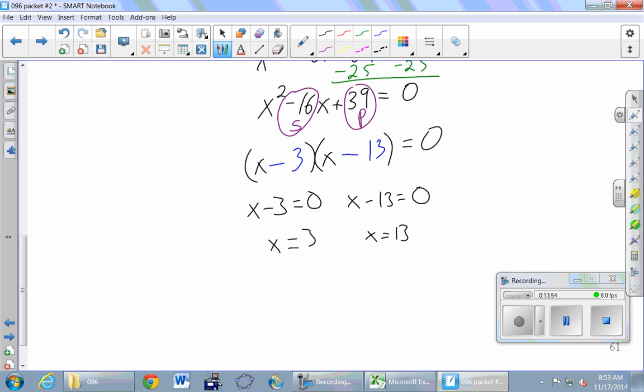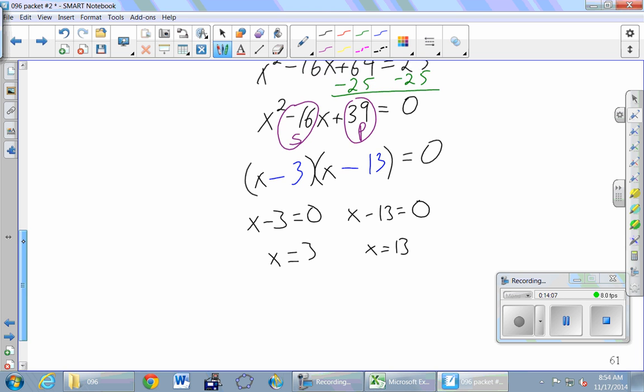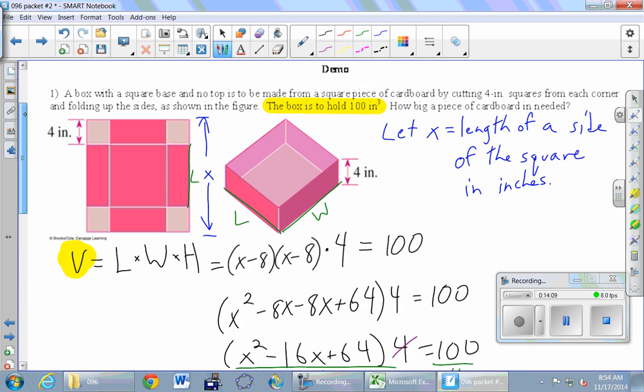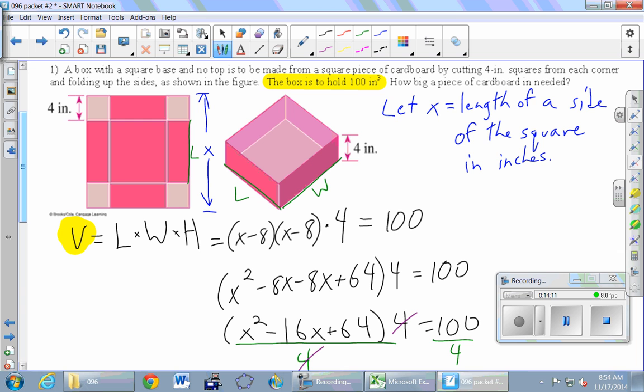We haven't really spent a lot of time this semester talking about checking our answers. We've just solved equations and trusted that as long as we did everything correctly algebraically, the answers would work. But in this case, there's a problem. Let's start with the 13. Let's imagine that this whole thing right here, x, is 13.